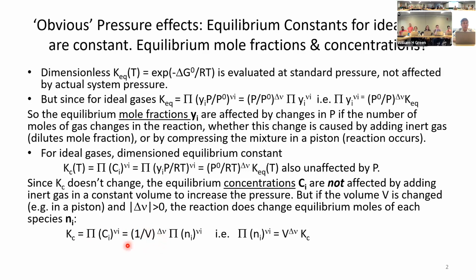And so the volume changed, then there'll be a change. So now the number of moles of each species would change. The Kc would stay constant with the pressure, but this factor would come in and it would change the number of moles. So a reaction would actually occur.